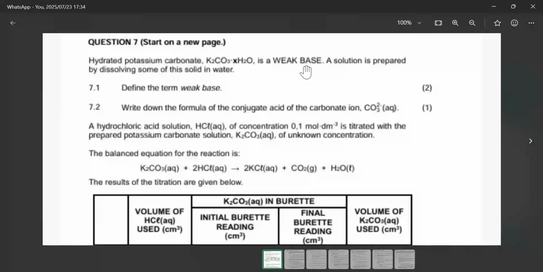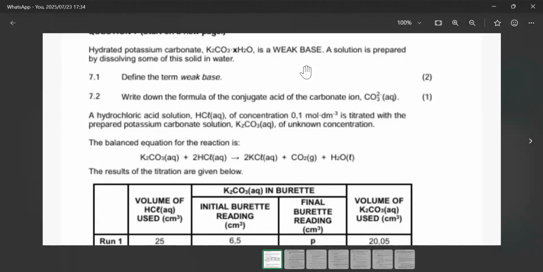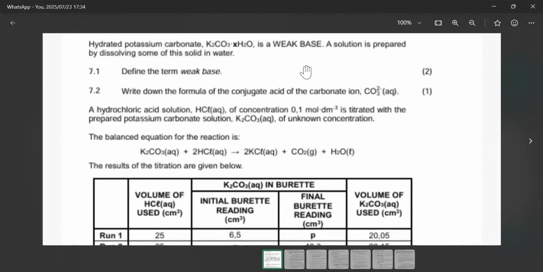That's fine. Now, next they say a hydrochloric acid solution having a concentration of 0.1 mole per cubic decimeter is titrated with the prepared potassium carbonate solution having an unknown concentration. The balanced equation for the reaction is given to us as follows.